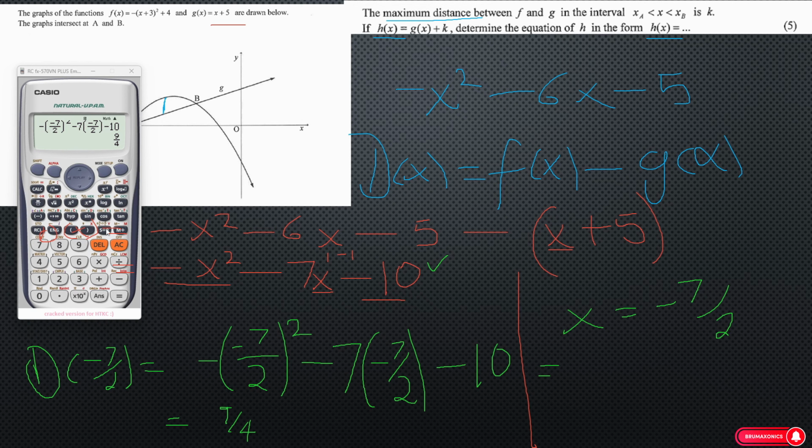And then let me try to get it in a good format, and that will be 2.25. So now we know that this will definitely be 2.25.